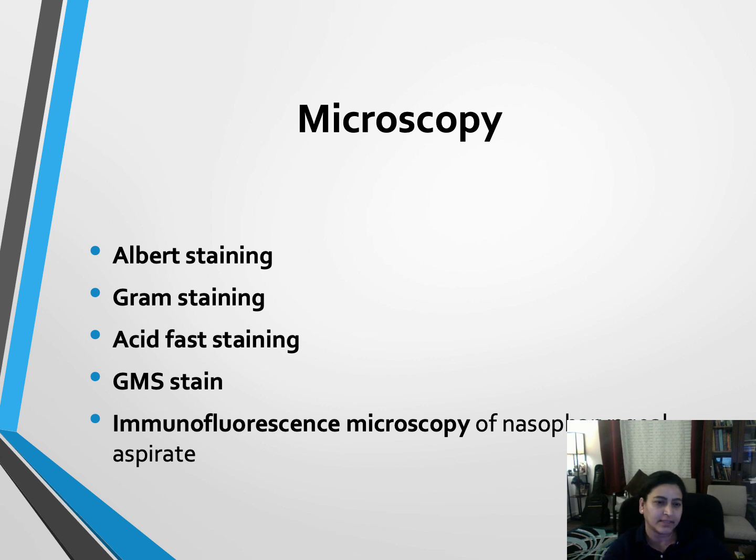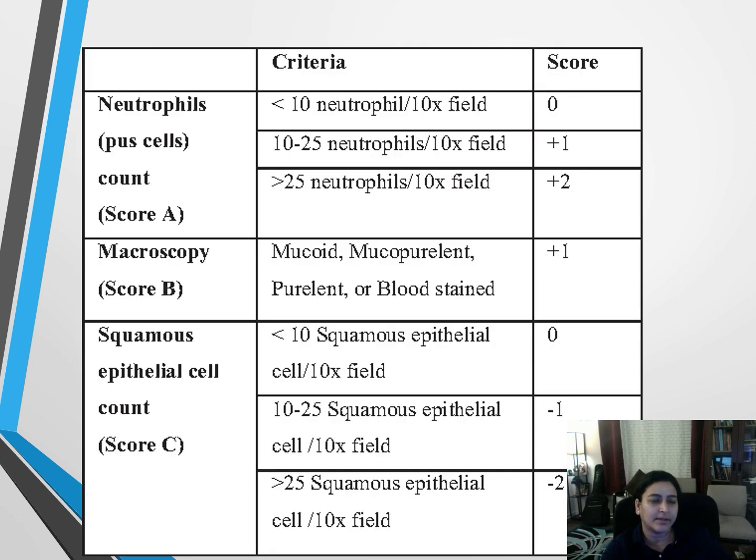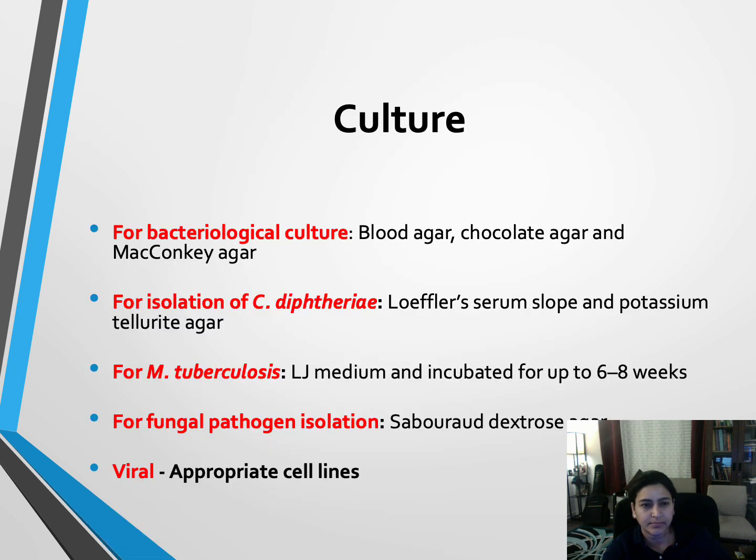These techniques are used for microscopy. And here is a table showing the neutrophils and pus cells, and based on that the score is calculated. Culture: when the culture is done, blood agar or chocolate agar is used, and the specific details are mentioned over here.